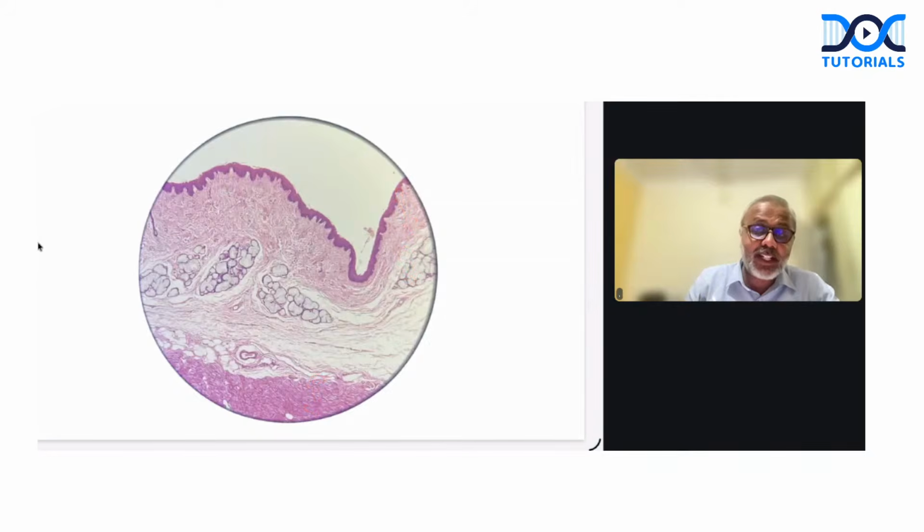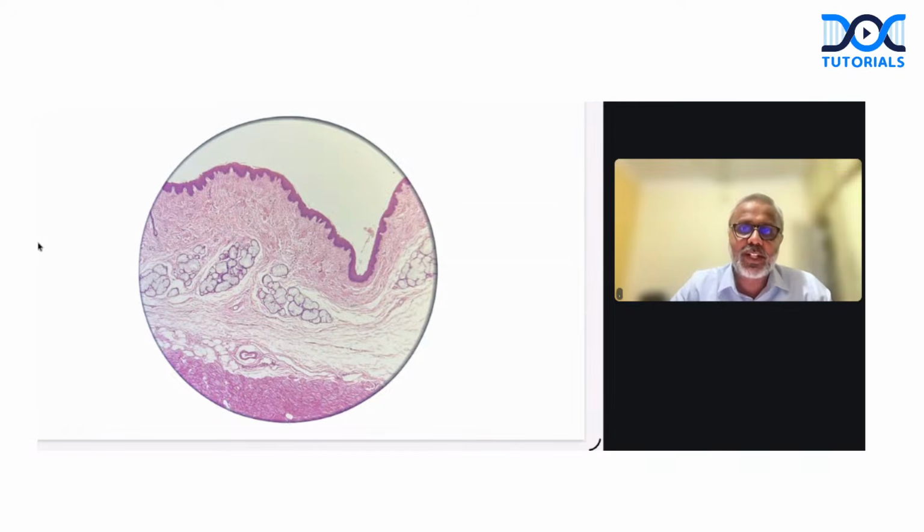Of course, adventitia is not seen here in this view. So presence of these 4 layers define that this is a slide of GIT, and since the lining epithelium is stratified squamous non-keratinized, this is most likely to be esophagus. This is how you should explain the slide to begin with.